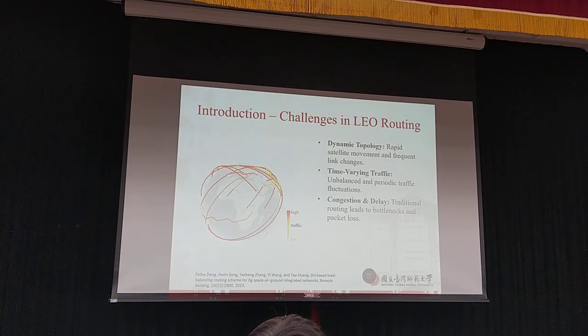However, LEO routing faces two unprecedented challenges. First, dynamic topology from extreme satellite velocities causes frequent link change. Second, time-varying traffic creates periodic unbalanced data service. Consequently, static routing inevitably leads to severe congestion and packet loss.